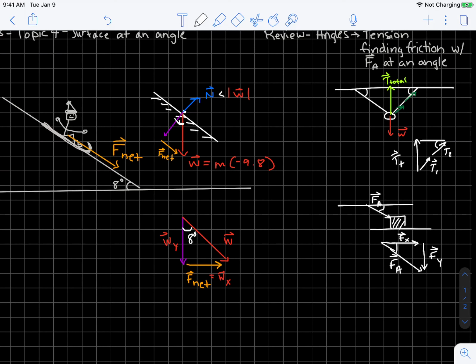So that angle is congruent to that angle. And I can show you the proof, like I said, if you want to see it. All right? And so this is what our focus is going to be on, because ultimately, what do we want to find? Ultimately, we want to find F net. All right? So that's going to be the next video.